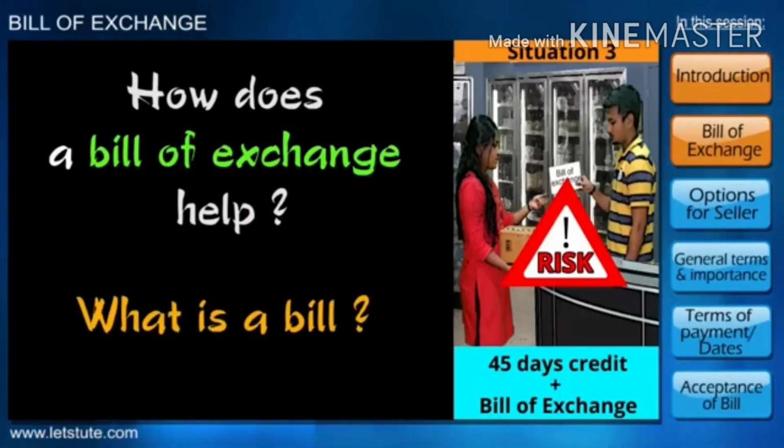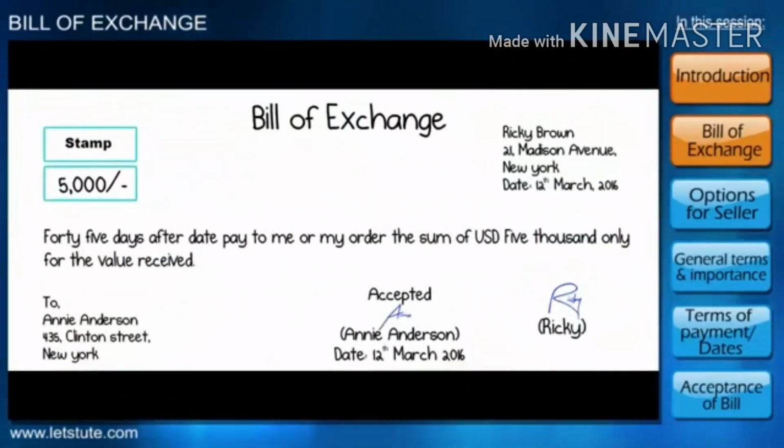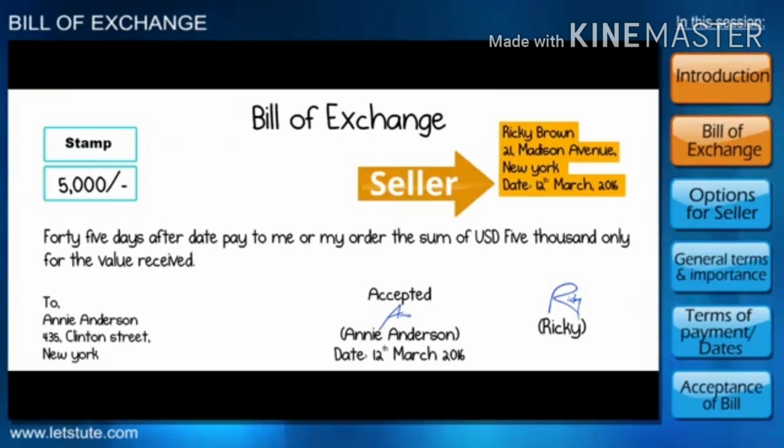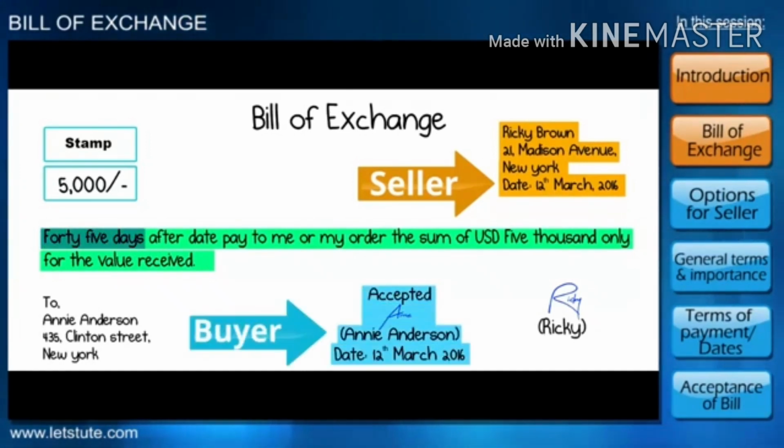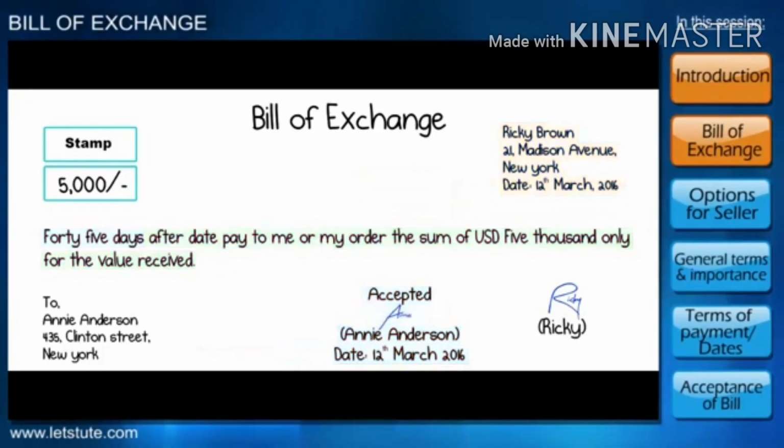And first, what is a bill? It is nothing but an instrument or a note in writing drawn by the seller stating that the buyer has to pay money to the maker or to the holder or bearer of the bill after a certain period, and in return the buyer acknowledges by signing it. However, a bill of exchange is also beneficial to the seller.